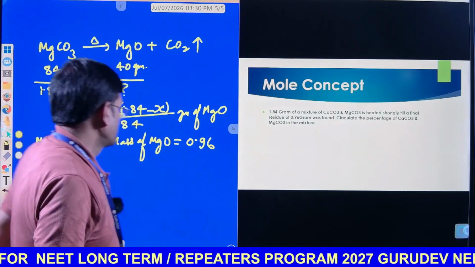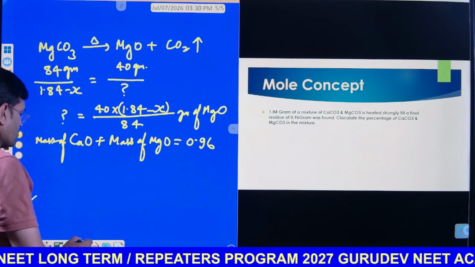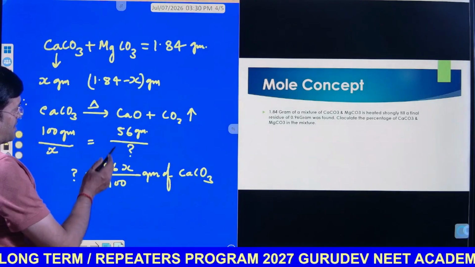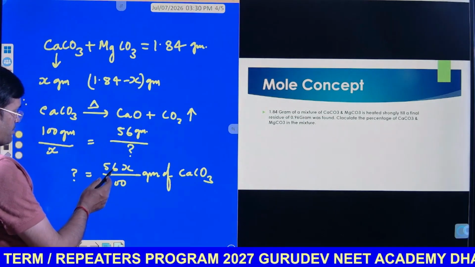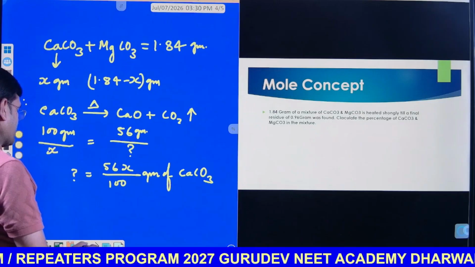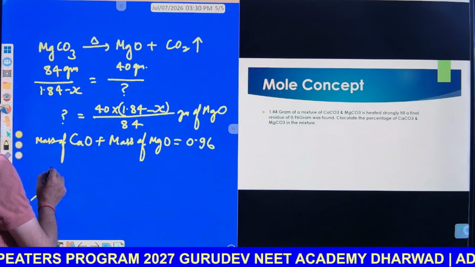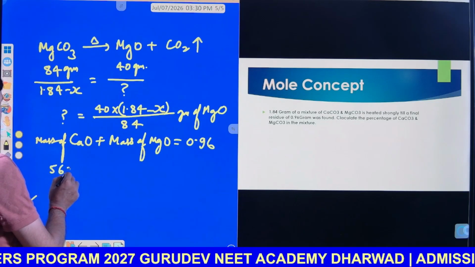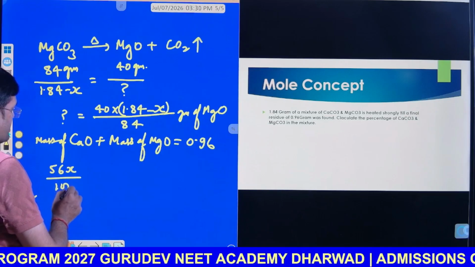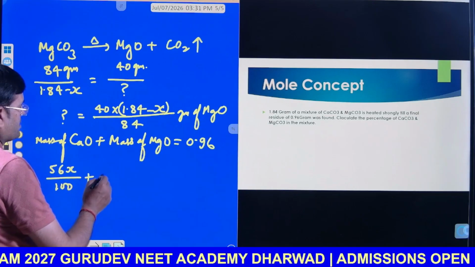Now see, we had the mass of calcium oxide as 56x divided by 100. And what about this one?